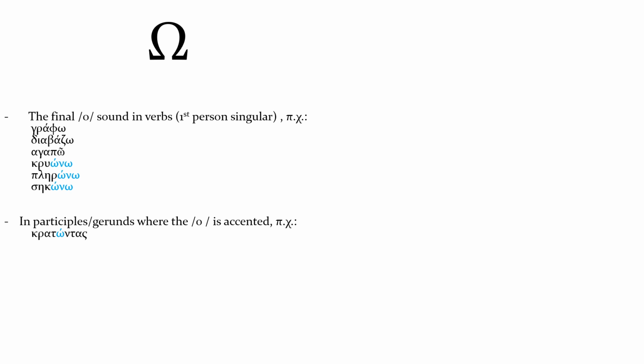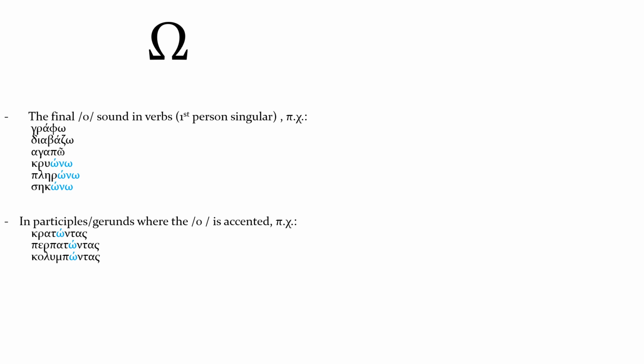Back to participles and gerunds, where the O sound is accented, like kratondas, holding, and perpatondas, walking, like the walking man. Notice when the O sound in that -ondas is accented, it's no longer an omicron, it's now an omega.